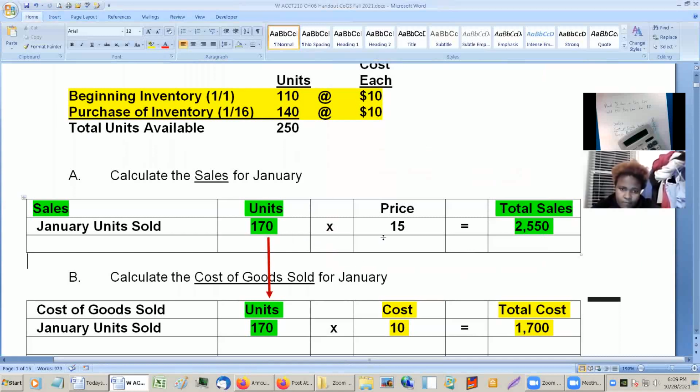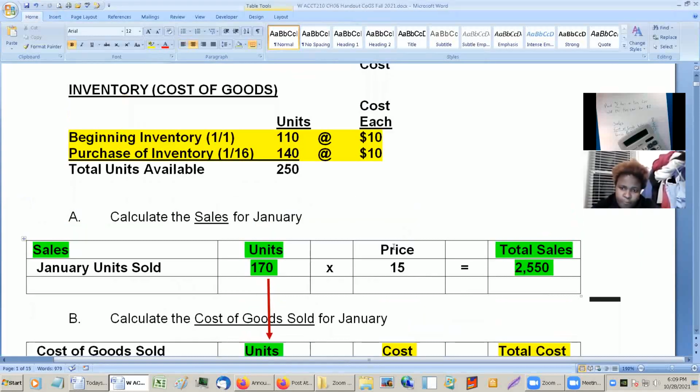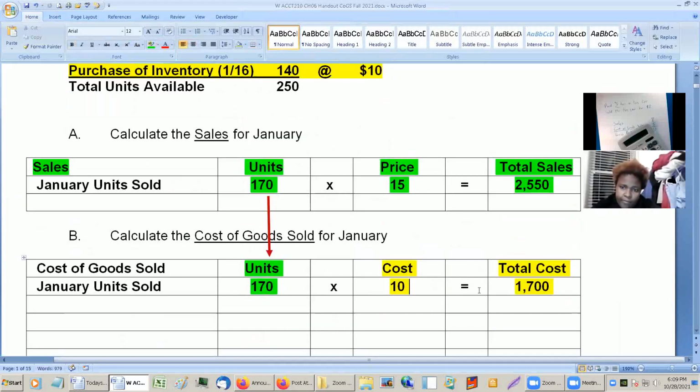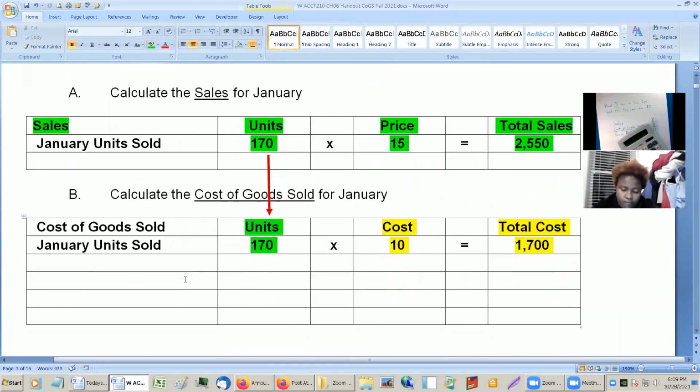We sold 170 of them. So this is the selling price. The selling price was 15. But the cost down here was 10. Now that's good that it's less. So this would be our total cost of goods sold. It would be the 1,700.